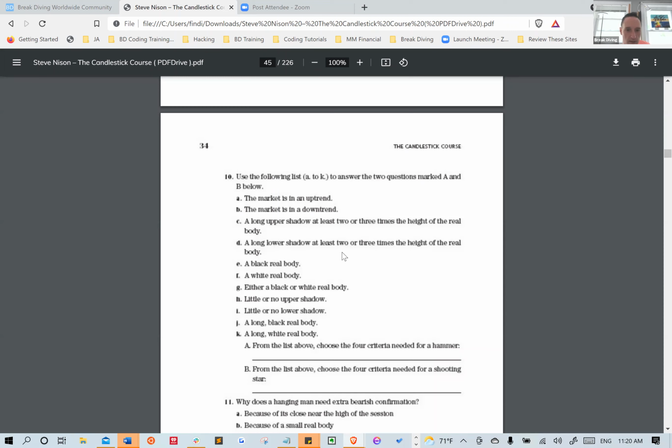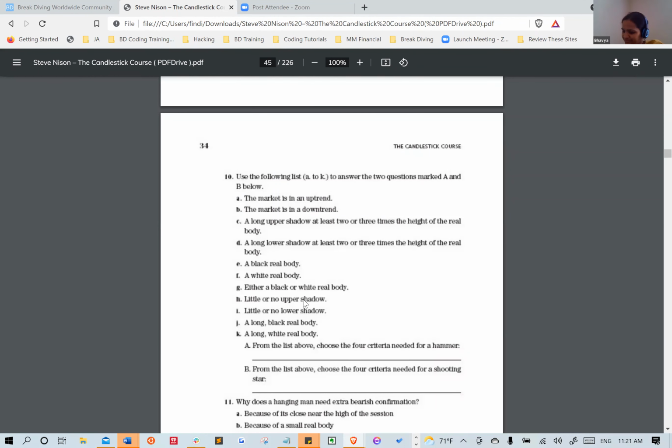D, G: either black or white real body, and I'll do the last one. B, market is in a downtrend. We did that, right. One more. Little or no upper shadow.